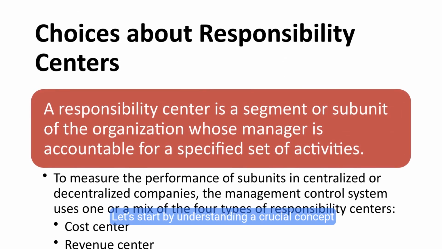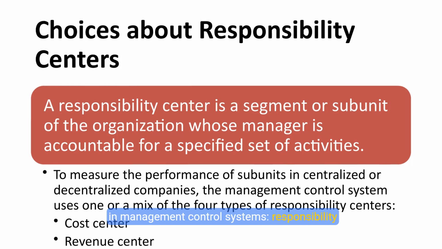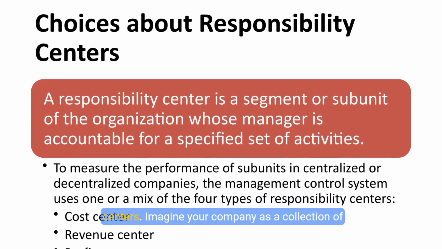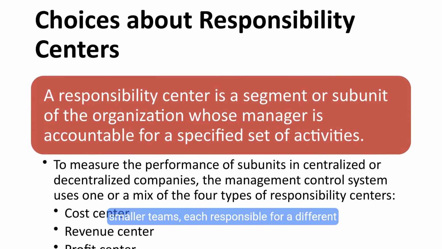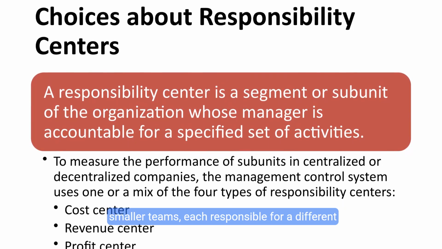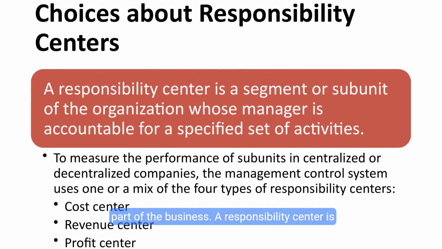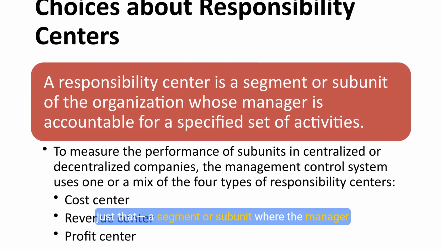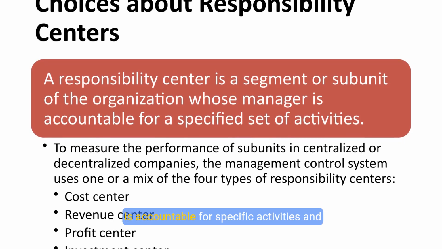Let's start by understanding a crucial concept in management control systems: responsibility centers. Imagine your company as a collection of smaller teams, each responsible for a different part of the business. A responsibility center is just that, a segment or subunit where the manager is accountable for specific activities and results.